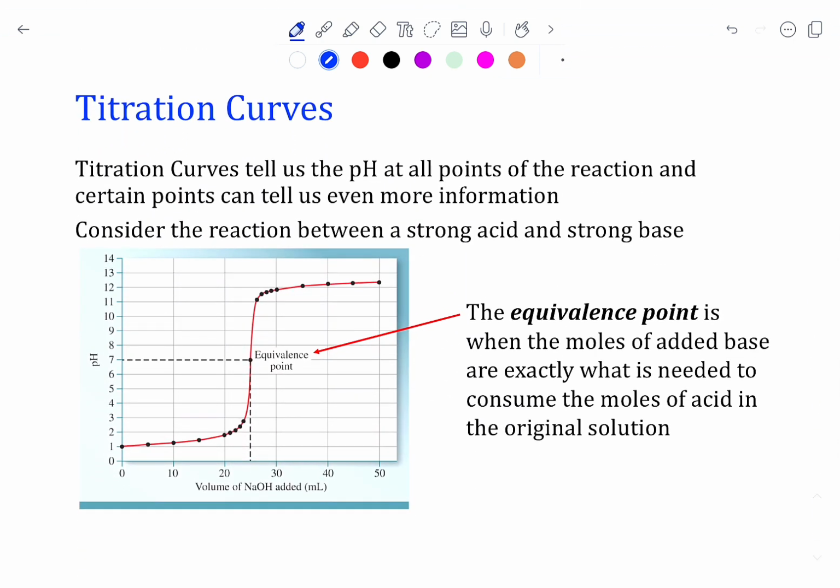Titration curves tell us the pH at all points of the reaction, and certain points tell us even more information. So here we have the reaction between a strong acid and a strong base. So let's say sodium hydroxide and HCl, like we saw in the previous slide.